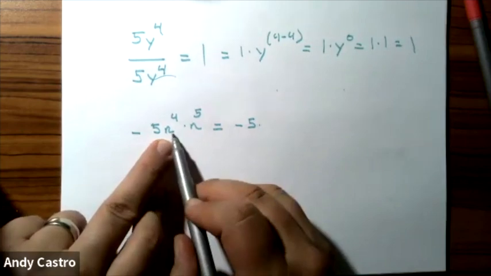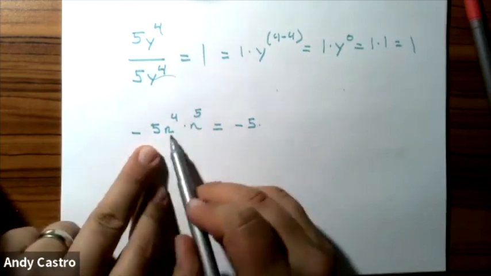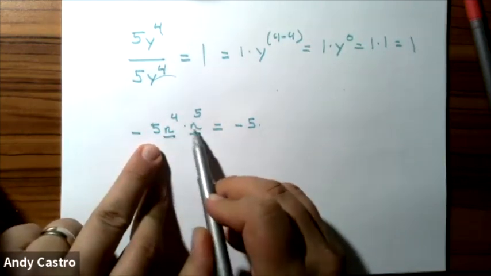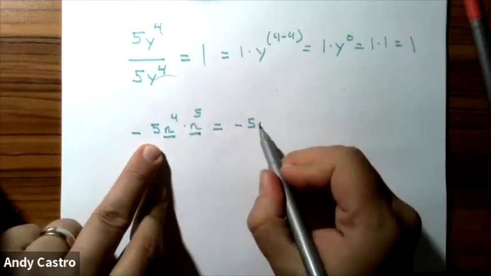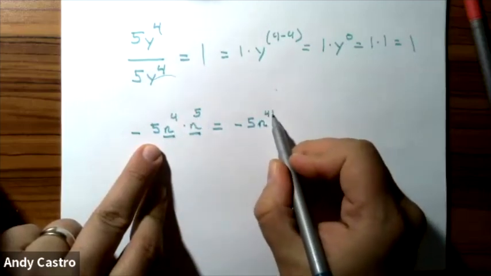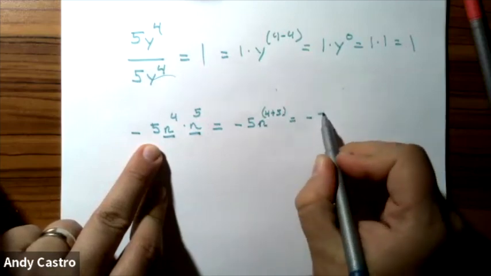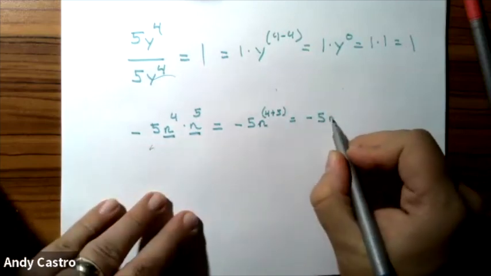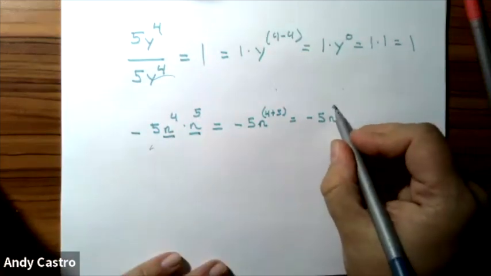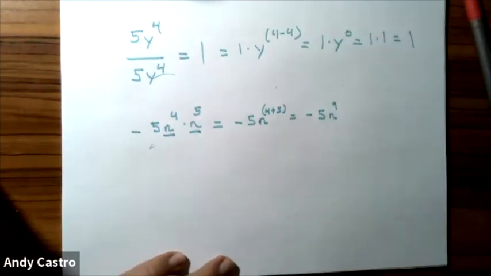That's multiplied by n to the fourth times n to the fifth. Those do have the same base, so I can add the exponents. That gives me negative 5 n to the 9th power.